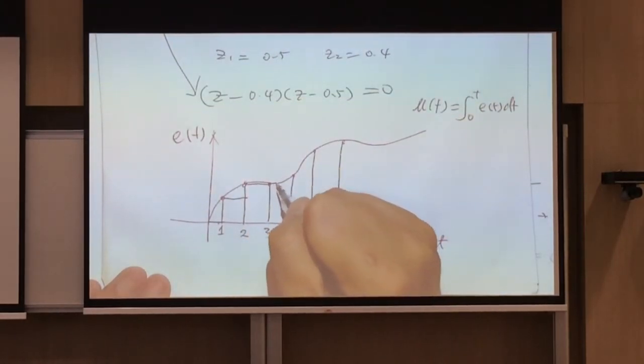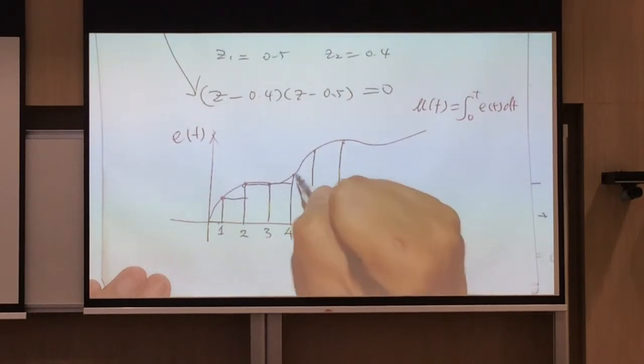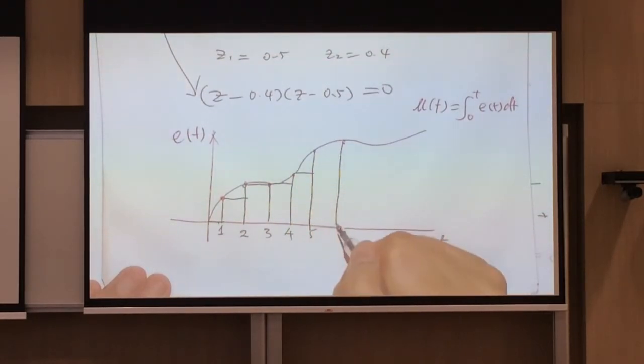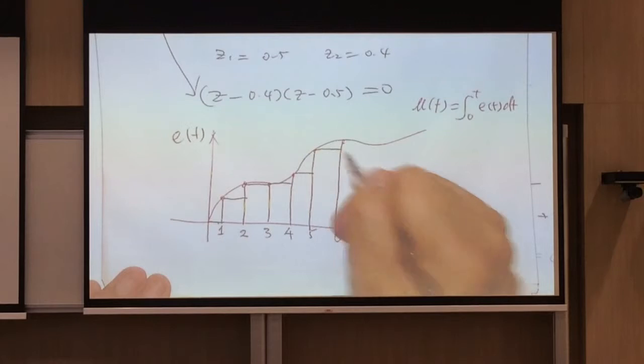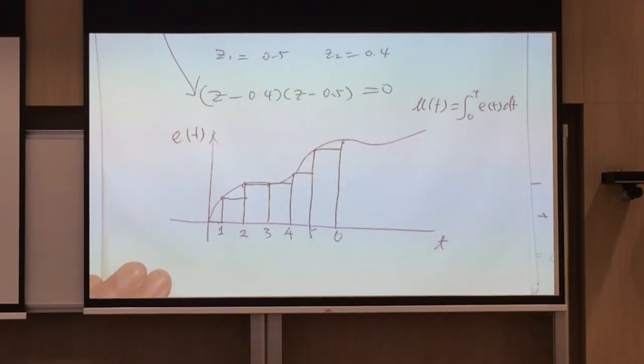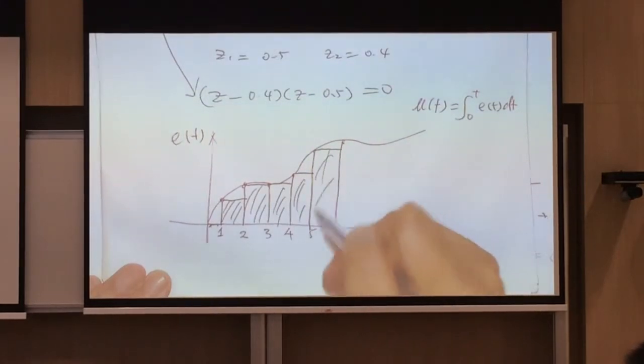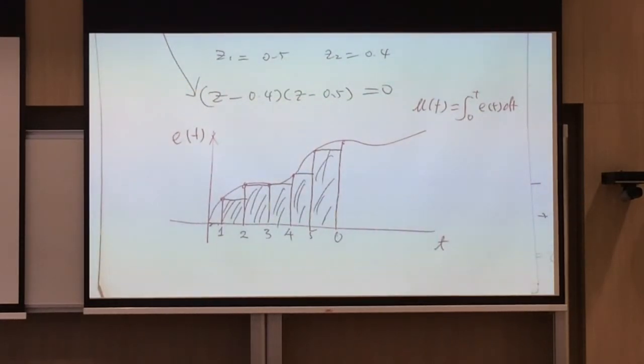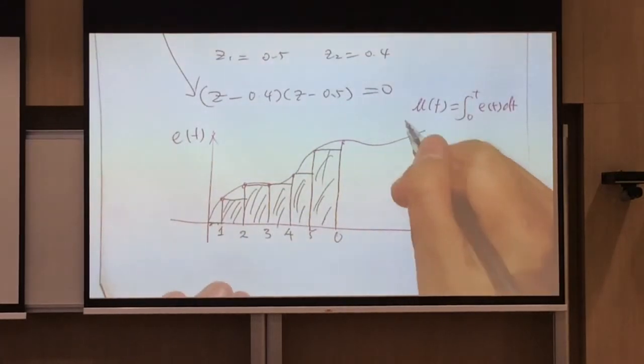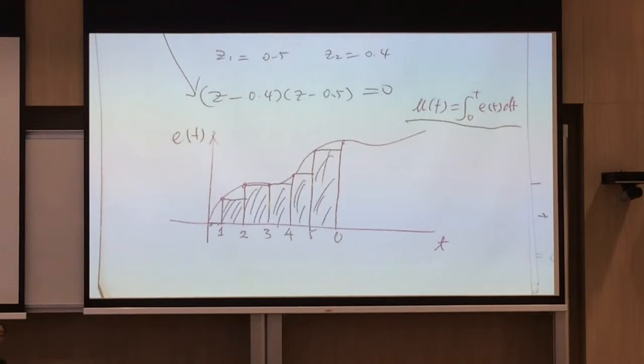When I come to time 4, I take the previous. When I come to time 5, I take the nearest. When I come to 6, I get time 4. Okay, so this one, this one, this one, we sum up. That will be my integration, that will be my UP, because my UP is an integration of my EP, right?